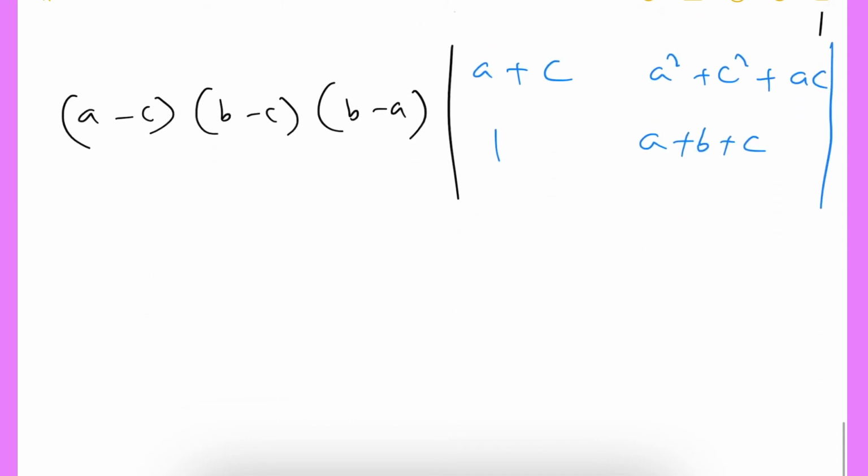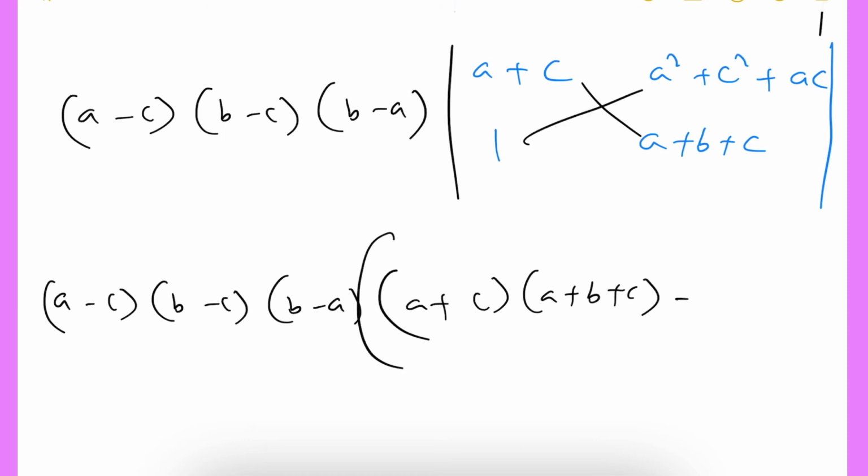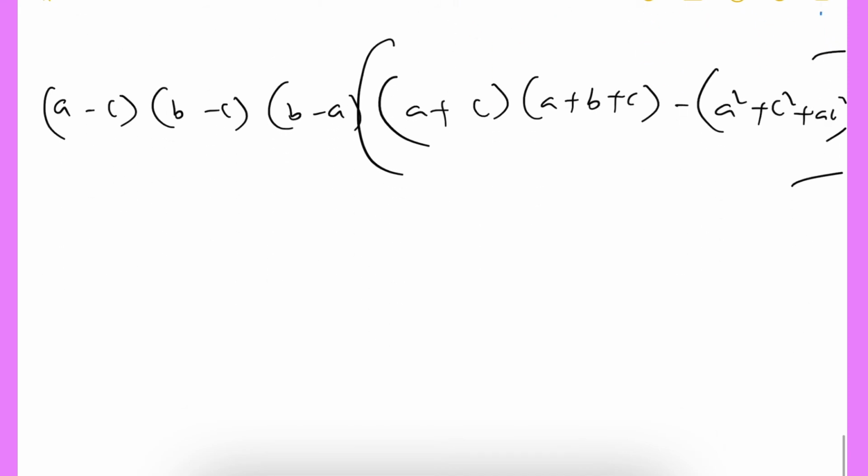Okay, now outer numbers as it is, (a minus c) into (b minus c) into (b minus a) into this, into that, that is (a plus c) into (a plus b plus c) minus this one, (a square plus c square plus ac). Okay, let us do it now.